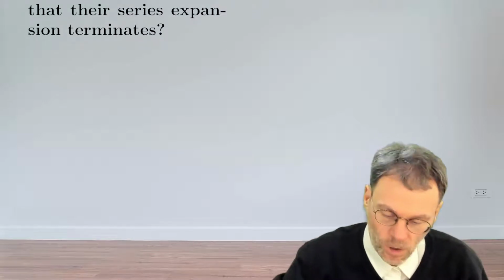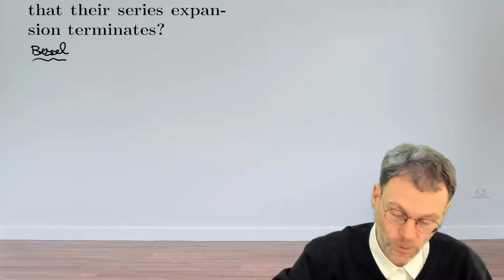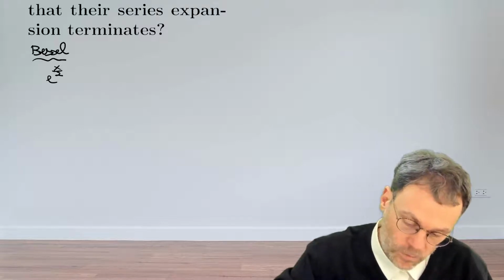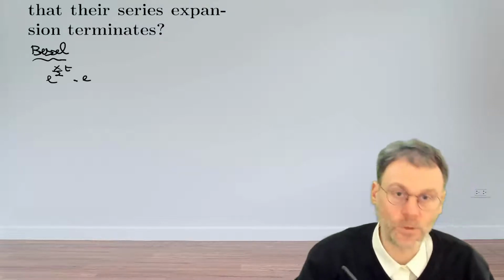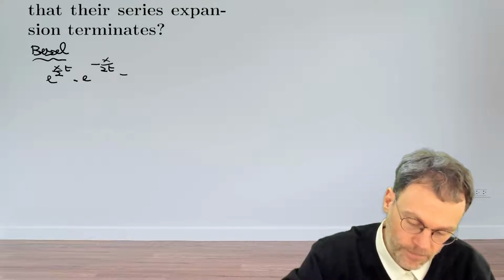Let's first focus our attention on the case of the Bessel function. So for Bessel, we have a generating function which we can write as the product of two exponentials as follows. So we have exponential x over 2t times exponential minus x over 2t.